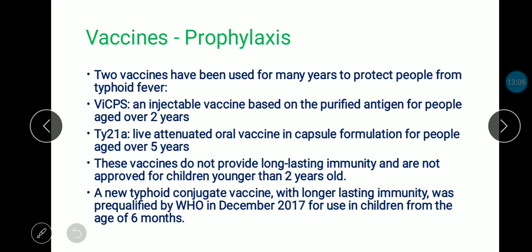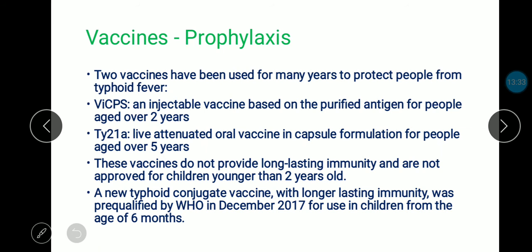The control measures also include another factor, that is vaccines. Two types of vaccines have been used for many years to protect people from typhoid fever. One is ViCPS. It is an injectable vaccine based on the purified antigen for people aged over 2 years.